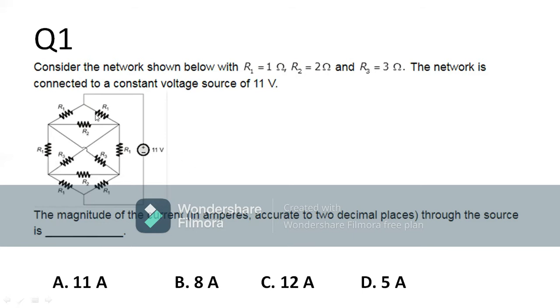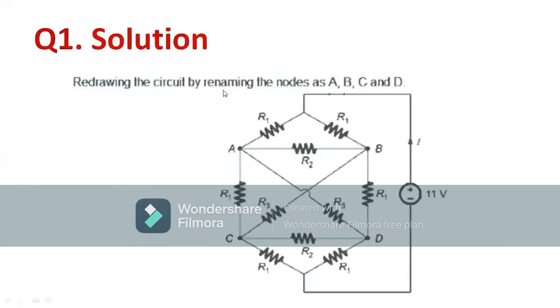First of all, draw the same circuit diagram once again. So let me draw the same circuit diagram. Later, kindly note down the nodes wherever the nodes are available. This is first node A, the second one is node B, then node C and node D. You have to mark these nodes.